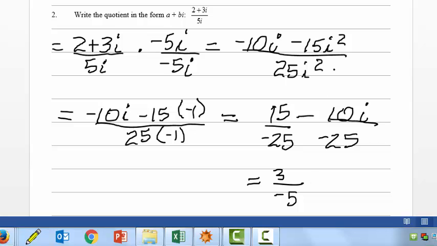And then we have a double negative here, so that becomes a positive. Minus 10i over negative 25 becomes positive 10i over negative 25. And again, we can divide the numerator and denominator by 5. So we get 2 over 5i. And we've accomplished our task of writing this in the form a plus bi.